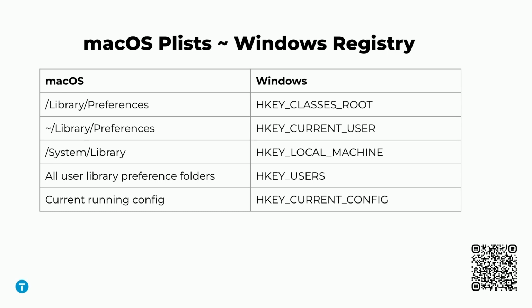It's managed with a program called Regedit, which has been on Windows as long as I can remember. I don't know when it started coming, but you just click on what used to be called the Start menu and click on Run and type in Regedit, and it'll pop up for you. It can also be managed through PowerShell, similar to how you can manage plists through Terminal, and it can be managed through MDM as well.